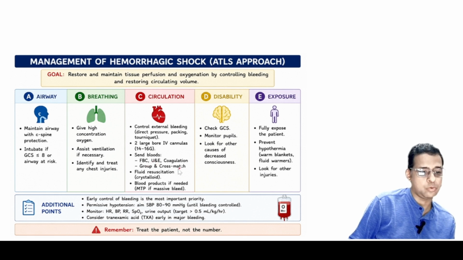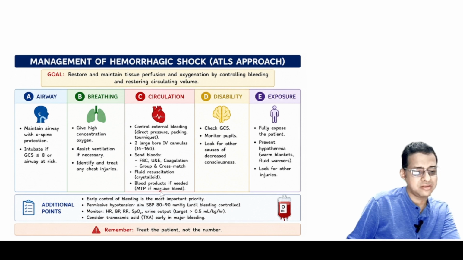Urine examination you have to do, and coagulation profile, group and cross match you have to do, like APTT, PT, all those things you have to consider. And fluid resuscitation is very important, preferably crystalloid, and blood products if needed. MTP, it's a massive transfusion protocol, you have to know.